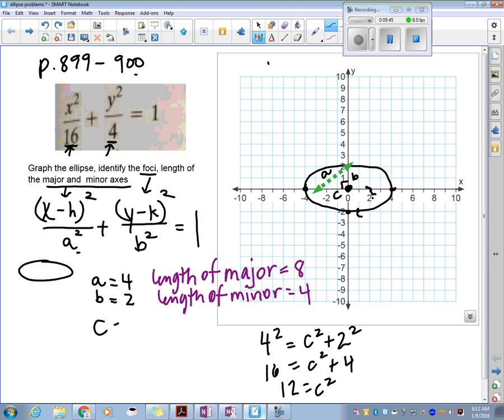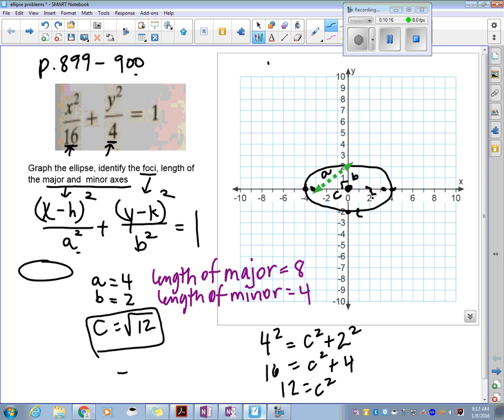Do we care what the square root of 12 is? All we need to know really is that it's between 3 and 4, right? So I'm going to count out from my center between 3 and 4. 1, 2, 3. So the foci are going to be right here, aren't they? They're on the major axis, and they're this many units from the center.